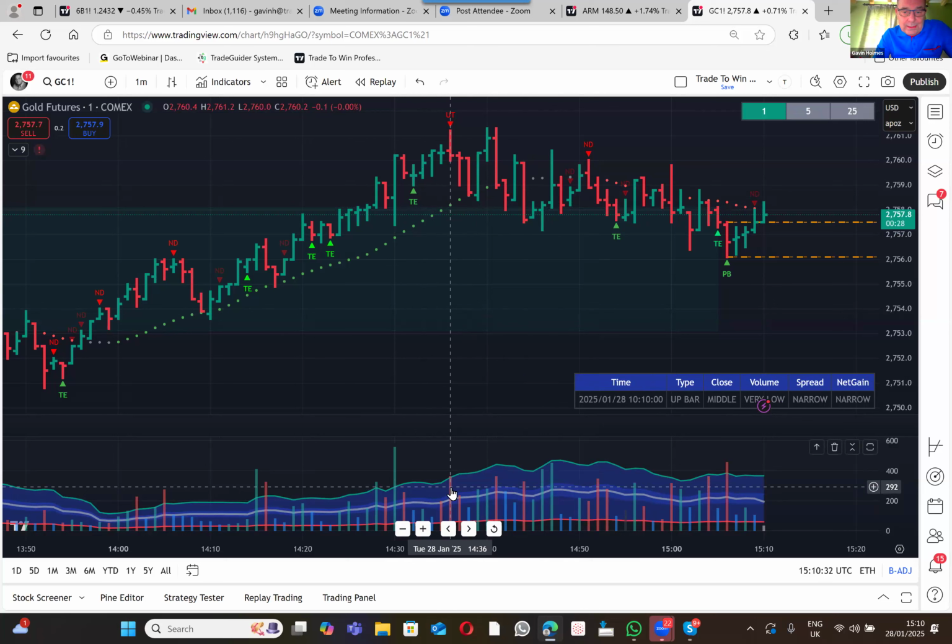Now, we've got a new volume histogram in the new software, which when it goes above that green line, it's unusual, what I would call the elephant in the room. Okay, something's going on. But that's not the key.